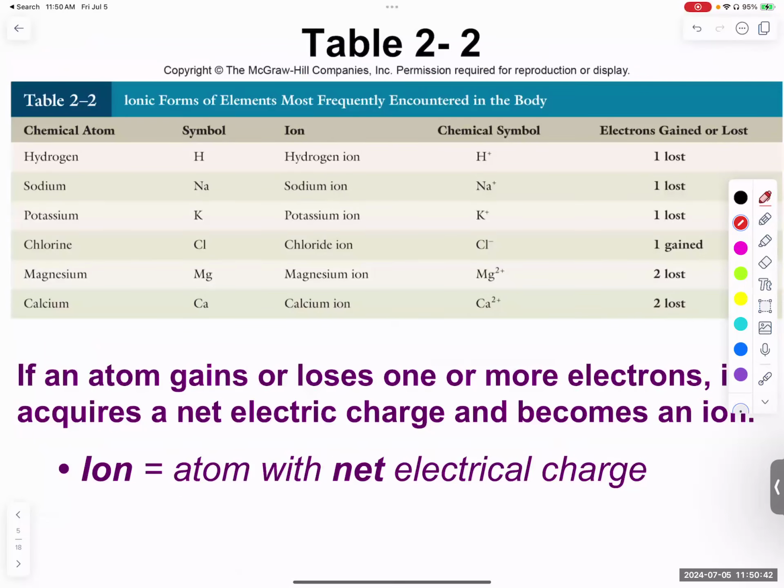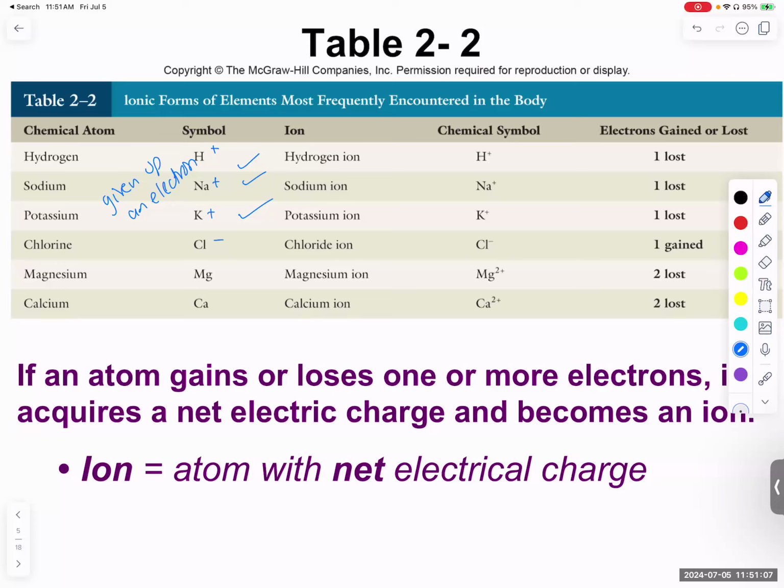So table 2.2 goes over the most common ionic elements in the body. And so you can kind of peruse through these. You see hydrogen's very common, sodium, potassium. This is a +1, that's +1. So all of these have given up an electron.